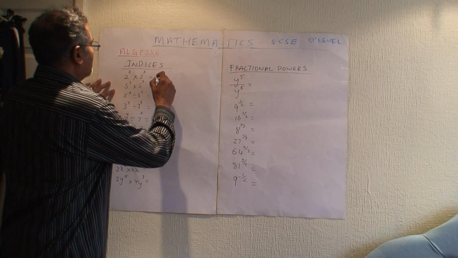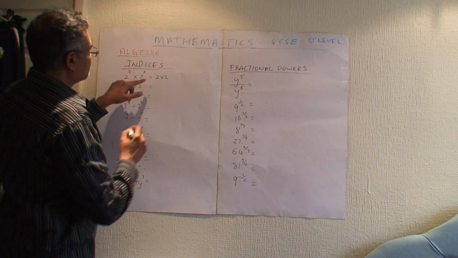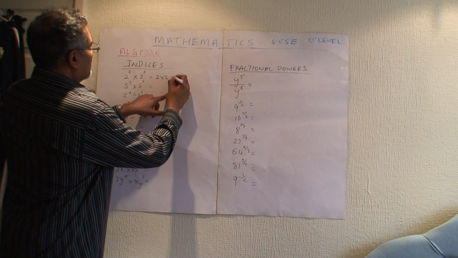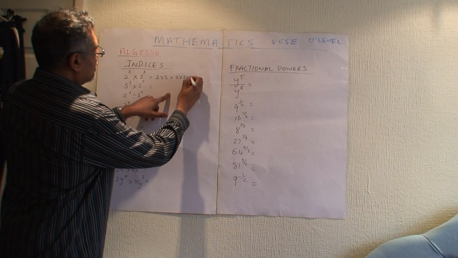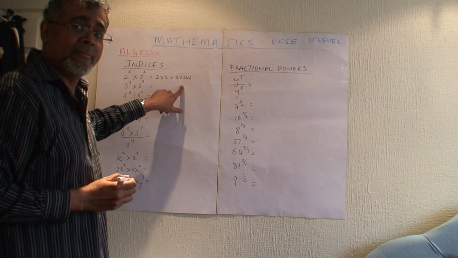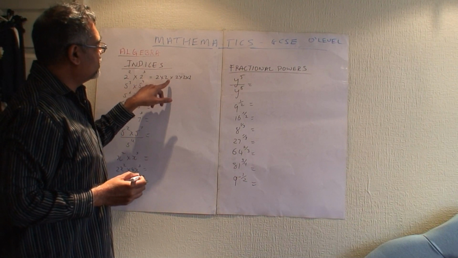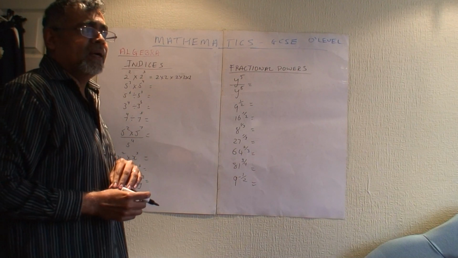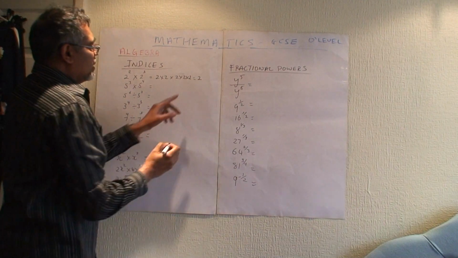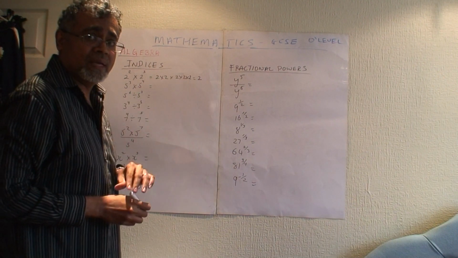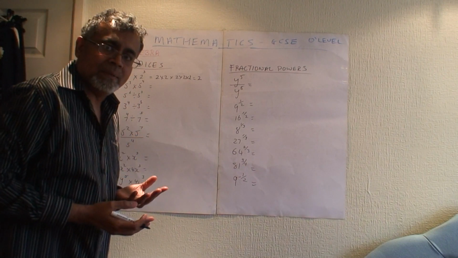Okay, so it's like this: 2 multiplied by 2, which is this one, and we also have 2 to the power of 3, so that's 2 by 2 by 2. Alright, so we see here it's 2 by 2 by 2 by 2, and when we assign a power there, because we're multiplying, we add the powers.